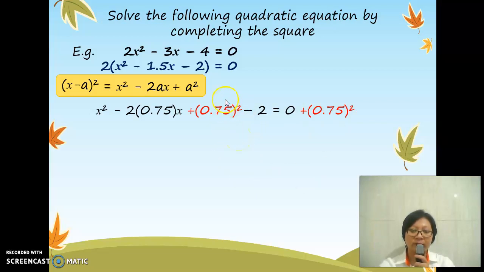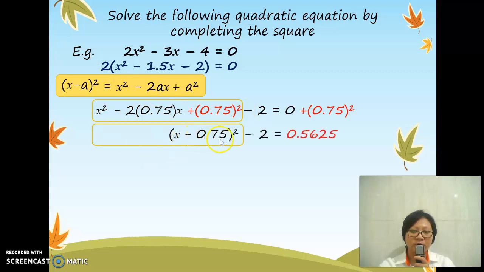Okay, using the balance method, if you put plus 0.75 squared on the left side, you need to put plus 0.75 squared on the right side. The same, and then replace this with the algebraic perfect square. Okay, x minus 0.75 squared minus 2 equals, using your calculator to find the square of 0.75.